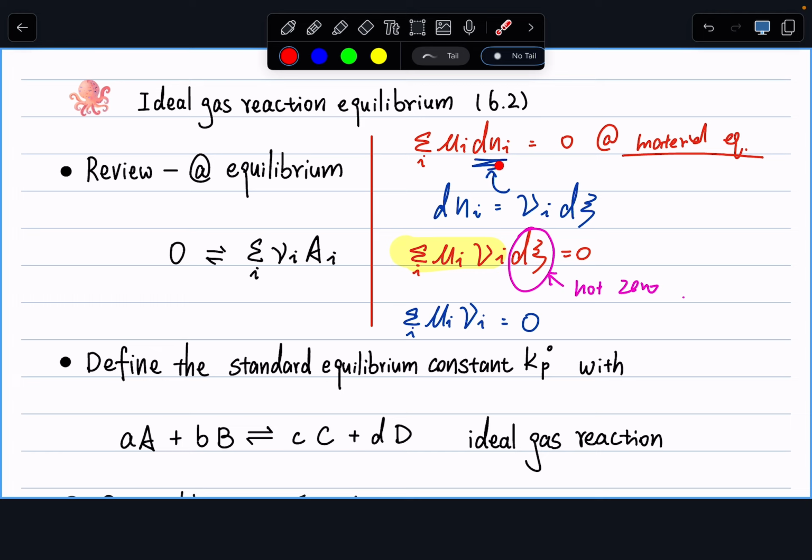For reaction equilibrium, dn_i equals the stoichiometric coefficient times d xi, the infinitesimal change of the extent of reaction. We did our derivation and saw that the sum of my chemical potential times the stoichiometric coefficient must add up to be 0. So that's something we know.